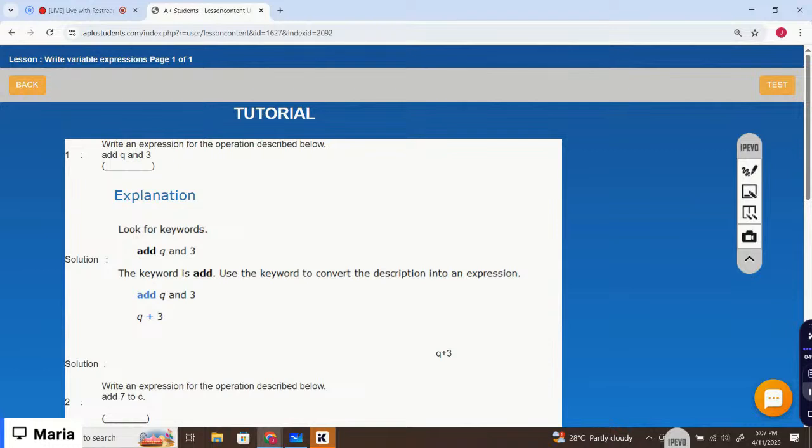Write an expression for the operation described below. Add Q and 3. Add Q plus 3, that is Q plus 3. Let's just start with the first question.